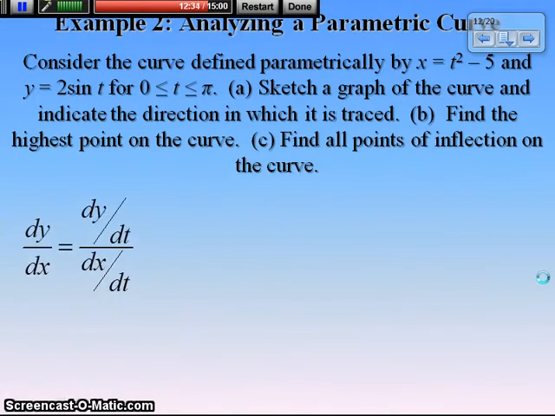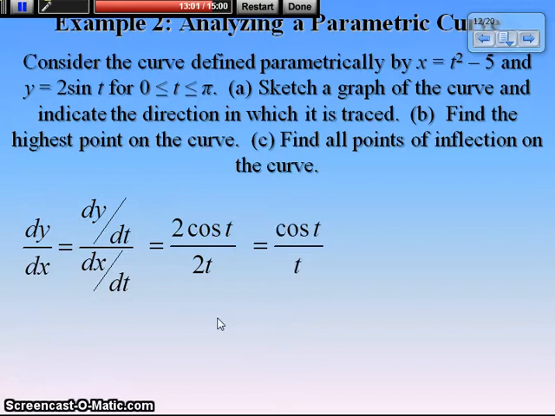The first derivative, again, is the derivative of the y equation over the derivative of the x. So the derivative of the y would be 2 cosine t, and the derivative of the x equation would be 2t. Not bad, but for the second derivative now we have a fraction, so we are going to have to do our quotient rule. We'll start out with bottom times derivative of the top minus top times the derivative of the bottom, over the bottom squared.